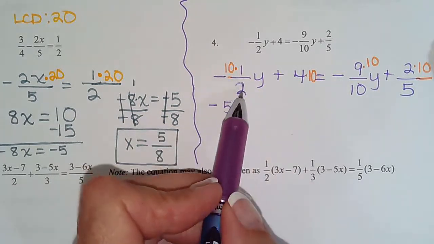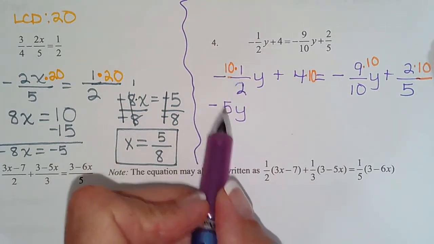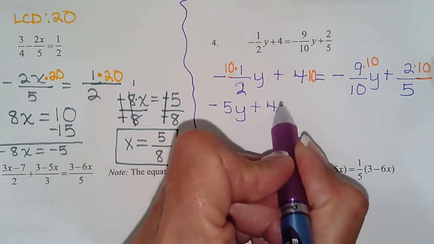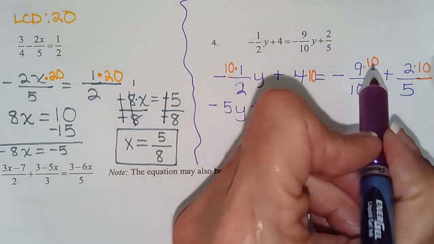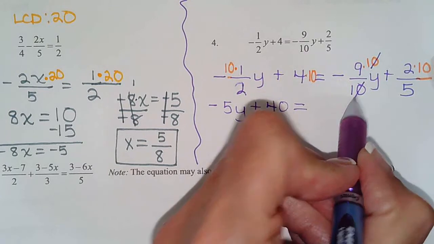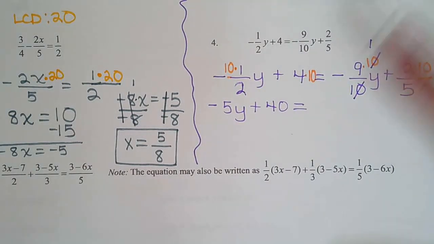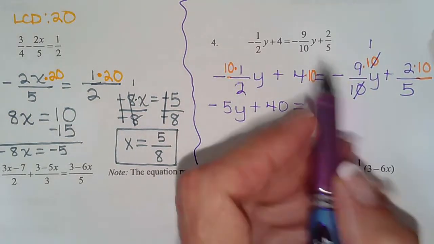So this is half of 10, which is 5, and it's negative. And then we have plus 40. And just like on the last page, when the denominator matches something in the numerator, anything divided by itself is just 1, so you can just cross those out. So that leaves negative 9y.